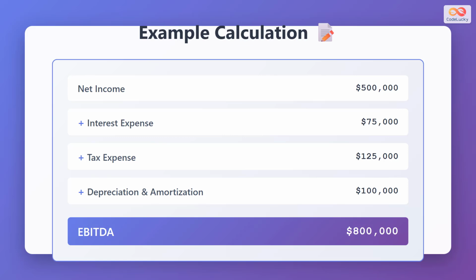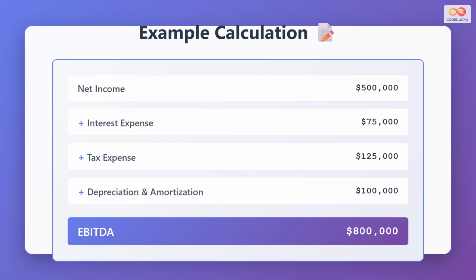Let's walk through a practical example. Suppose a company has a net income of $500,000. They paid $75,000 in interest expense, $125,000 in tax expense, and $100,000 in depreciation and amortization combined.